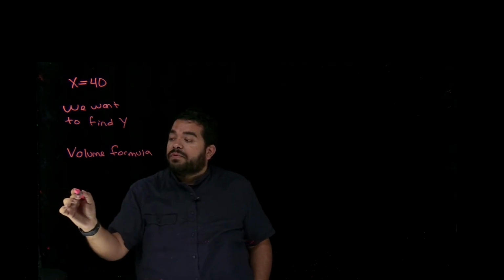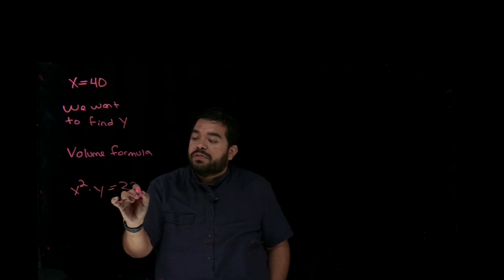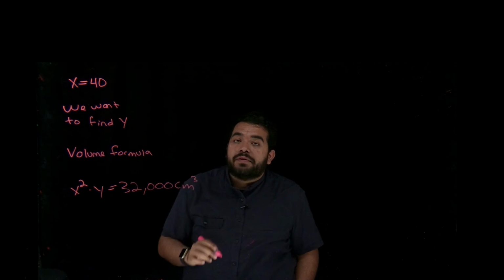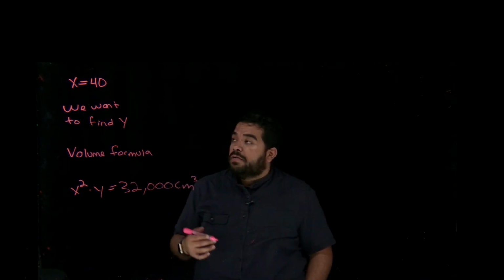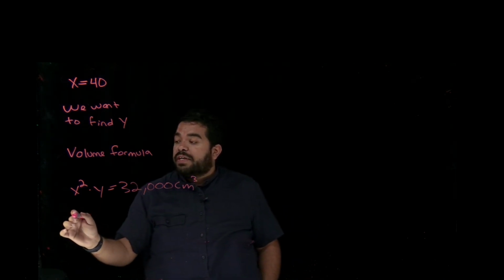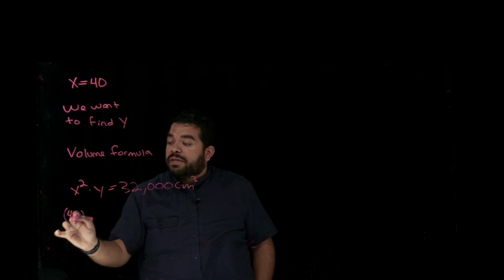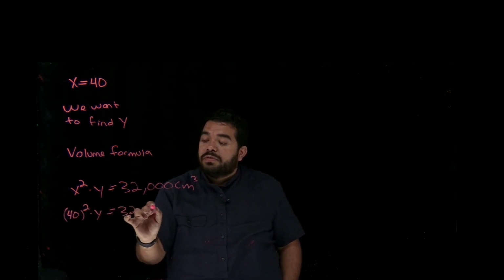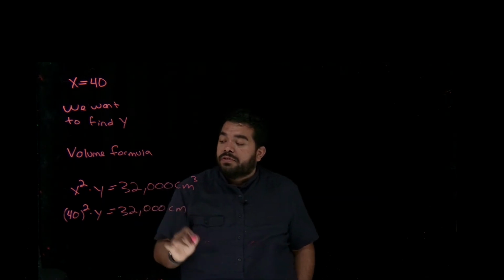If you don't remember, we had x squared times y equals 32,000. This has to be true. This is one of the requirements that we have to satisfy. Well, we now have the value of x, so that's going to be 40 squared times y, which is equal to 32,000 centimeters cubed.